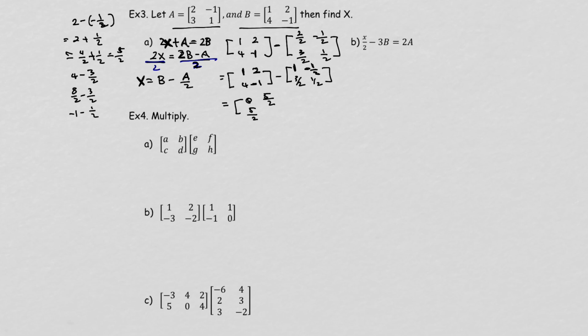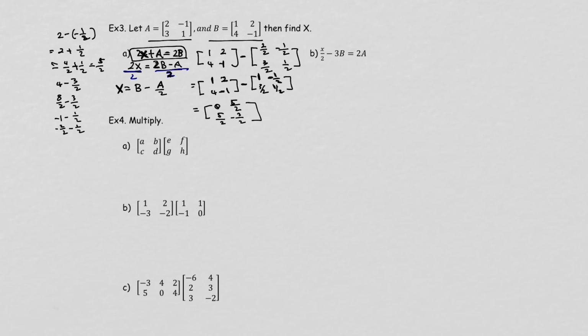That gives you negative 2 over 2 minus 1/2, so that makes it negative 3 over 2. So that's what you're going to get when you solve equations with matrices included.